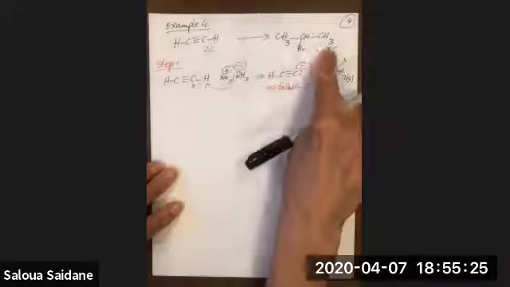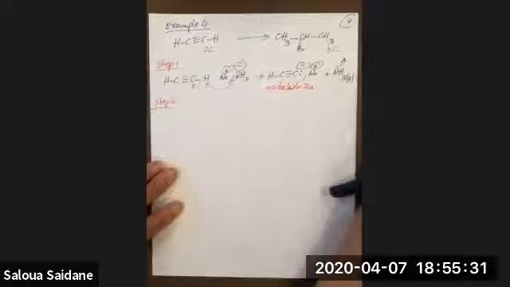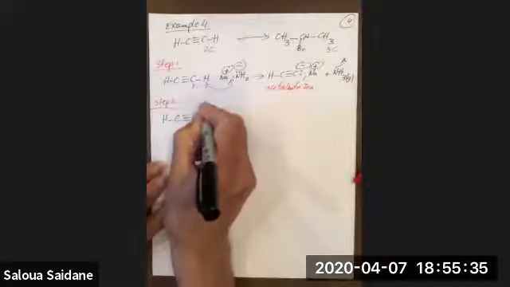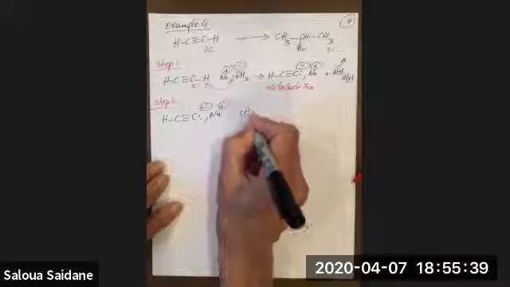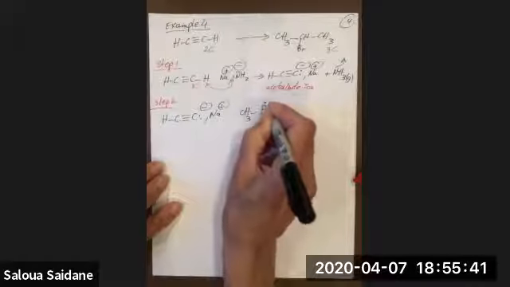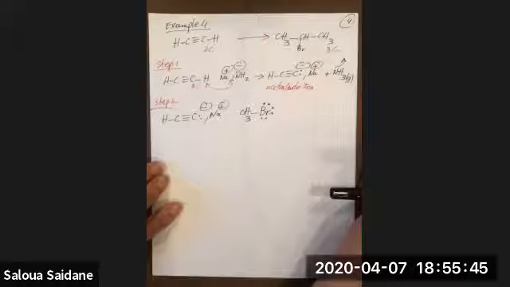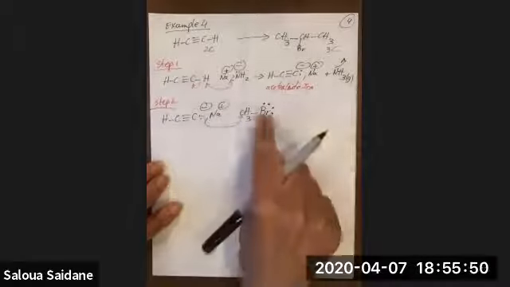We're going to add to it another alkyl group. So step 2, you take your acetylide, and we're going to add CH3Br. Now, why would this reaction happen again? It's because the Br minus is very stable.